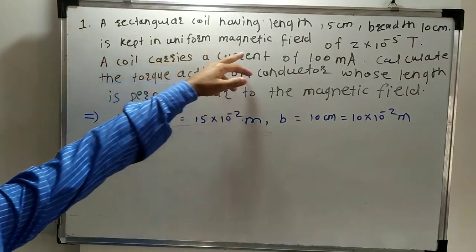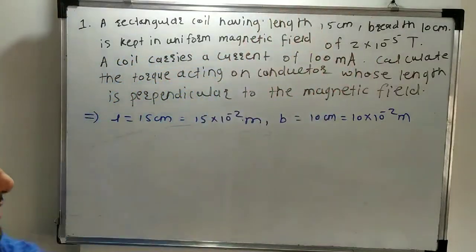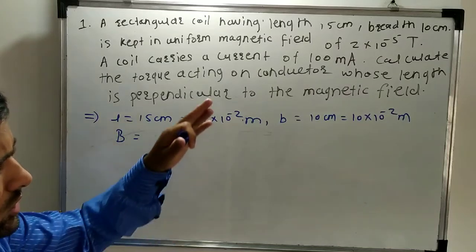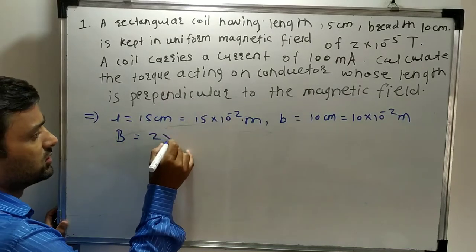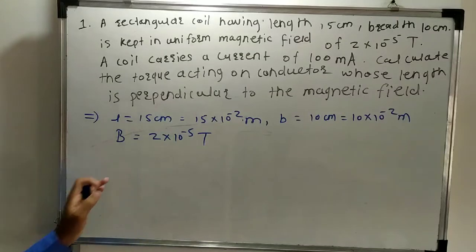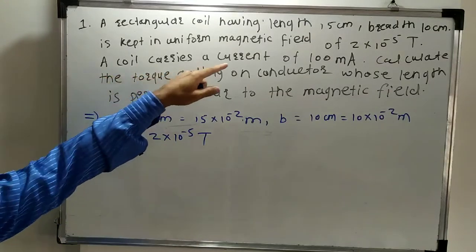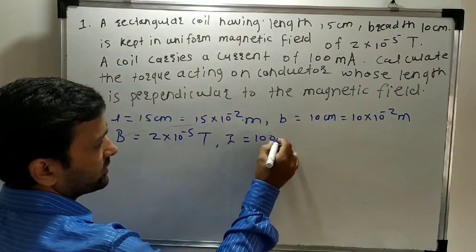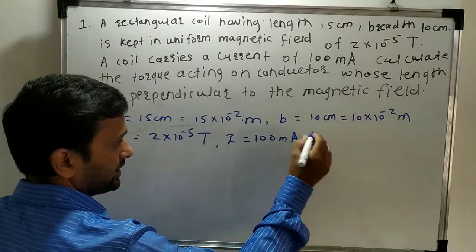Now it is kept in a magnetic field. The magnetic field is denoted by magnetic induction B. The value is given as 2 into 10 raised to minus 5 Tesla. After that, the coil carries a current of 100 milliampere.